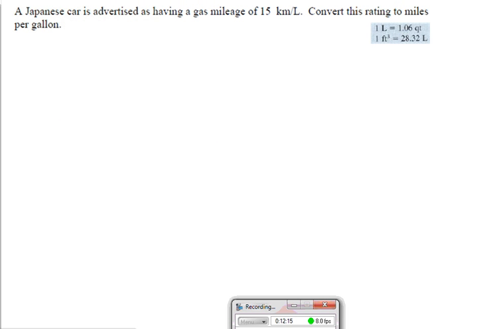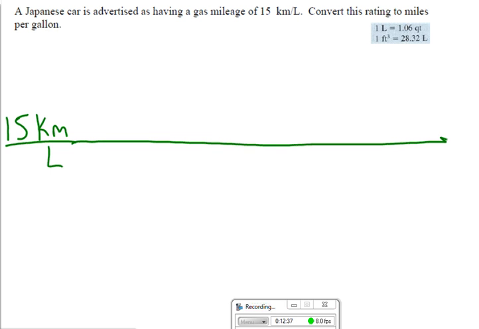Here's the tricky one I wanted to do. A Japanese car is advertised as having a gas mileage of 15 kilometers per liter. Convert this to miles per gallon. So if I have a car that's 15 kilometers per liter, I actually have to get rid of both of those units because I have to get all the way over here to get miles per gallon.